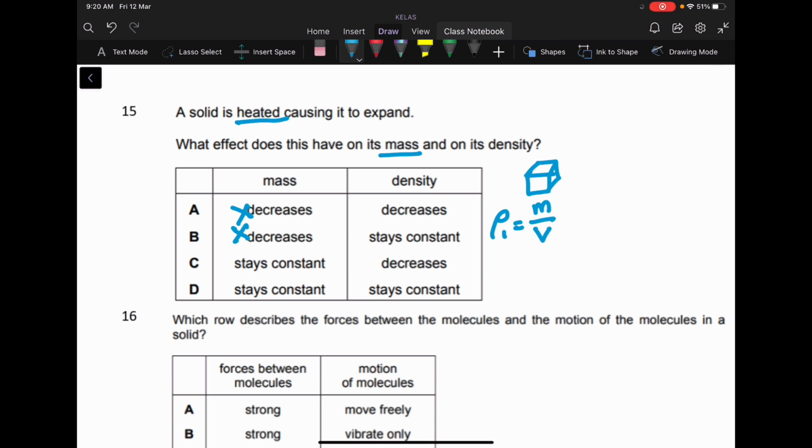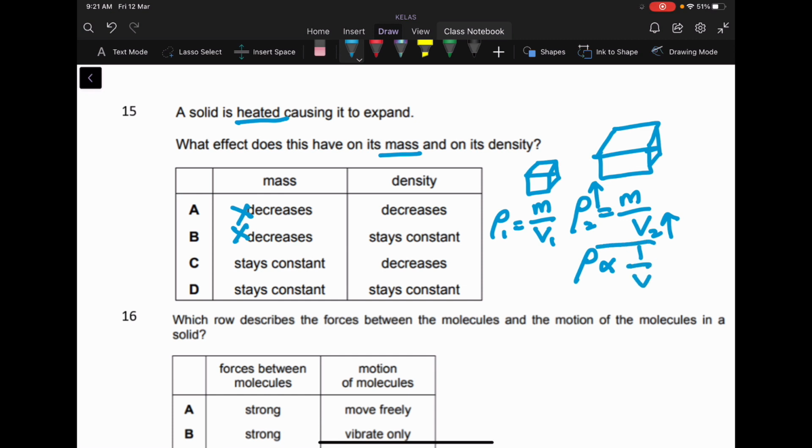When it expands with the same mass, now we have volume 2, which is higher. So you see the relationship between density and volume is inversely proportional. That means when you increase the volume, the density decreases. So the answer is C.